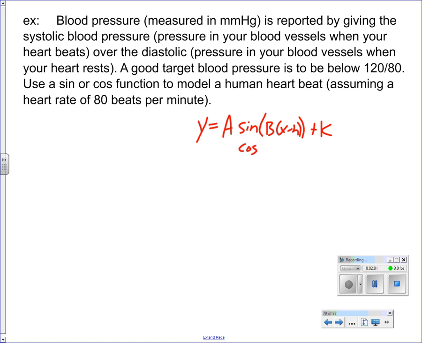The only things changing in each one of these are our values for A, the vertical stretch, which is going to be the amplitude, the value for B, the frequency, our phase shift, H, and vertical shift, K, which will be the midline of the function. So when we read through the problem, that's what we're looking for: things that give us amplitude, frequency, phase shift, vertical shift.